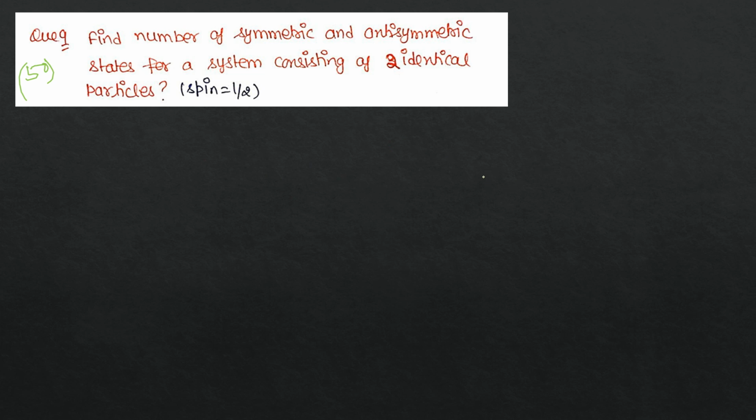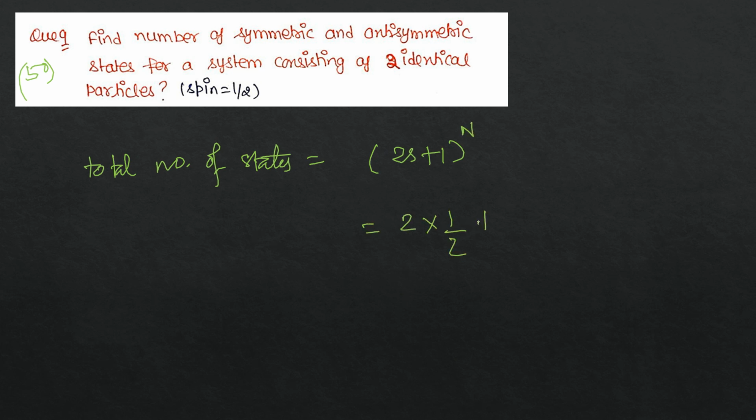If you remember that table that we did. First of all, the total number of states is at least (2s plus 1) to the power n. Okay. So 2 into spin half plus 1, particles are 2. So 4. Okay.